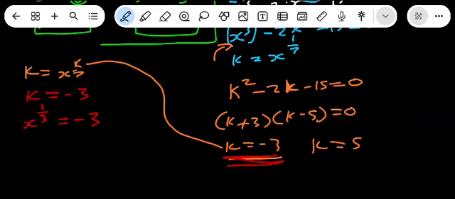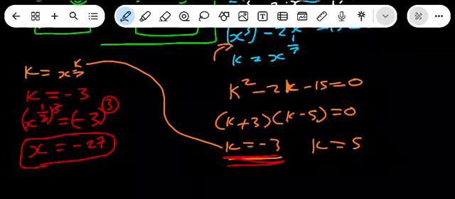So I want the value of x. To get the value of x, I'll simply cube both sides. The cube and the 1 over 3 will cancel. Cubing negative 3 gives negative 27. Remember, multiply by that. So we have x to be negative 27 there.